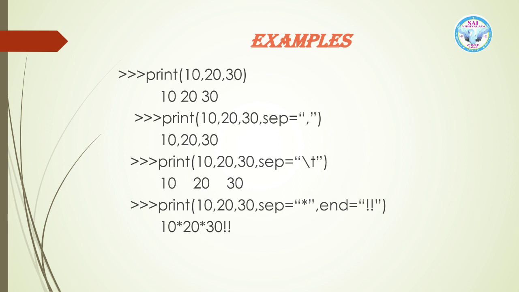See, in the first statement, we have not used sep. Print 10, 20, 30. What's the output? The same, 10, 20, 30. But you can notice there is no character in between these values. If you don't give any sep character, by default it will take a space.